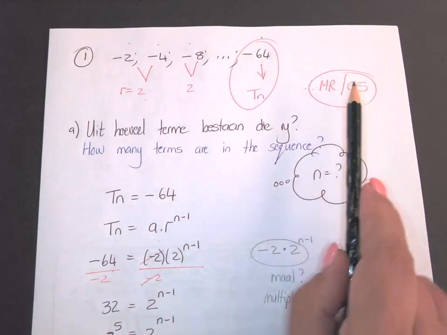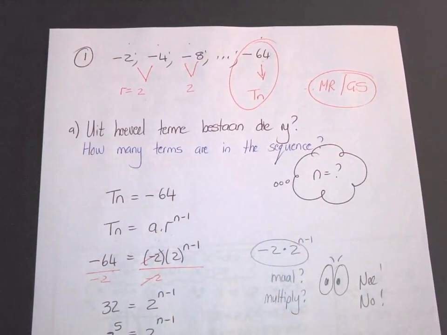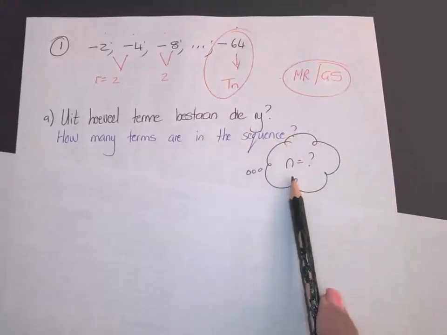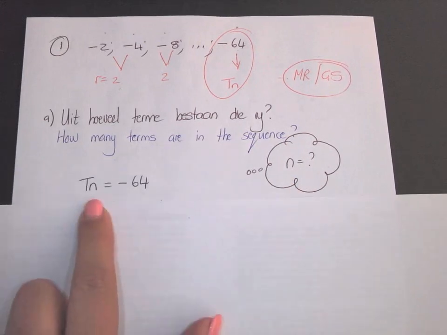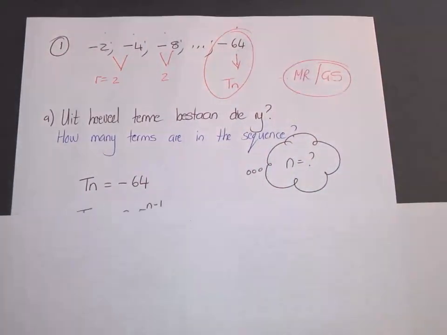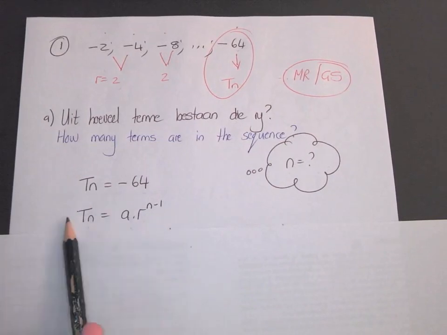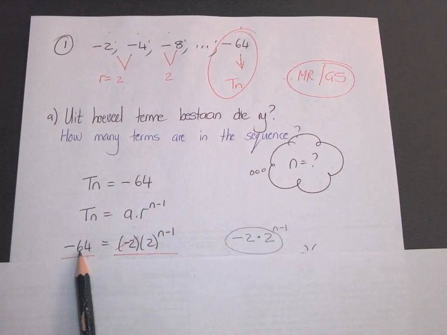The first question is, how many terms are in the sequence? Now, you must always think of what they are asking. How many terms? So they actually want n. I have to work out n. You start with Tn equals negative 64. And then you write your formula for a geometrical sequence. Substitute everything as well as Tn's value.